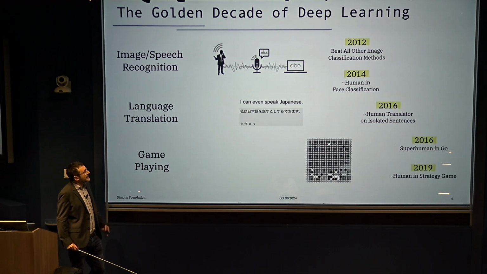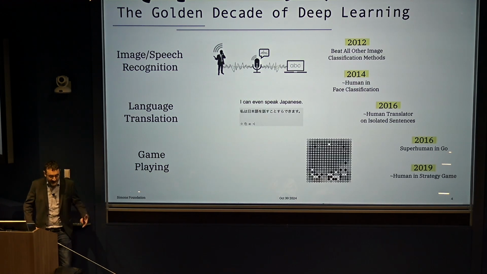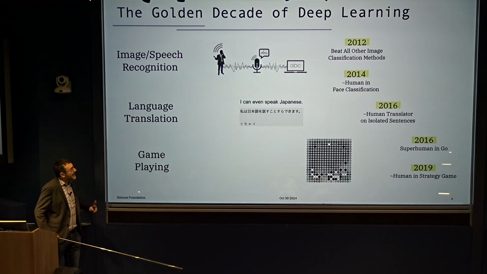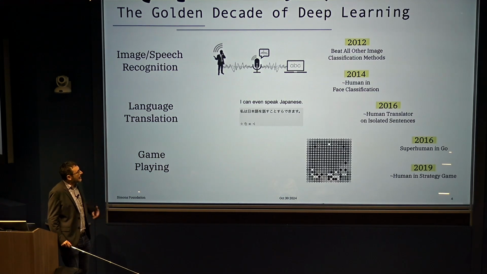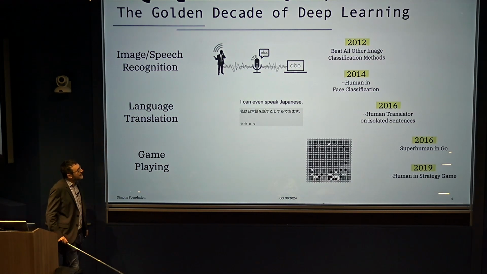And we've seen an improvement in many industrial applications that was clearly driven by the technological improvements given by machine learning. So, for example, image and speech recognition.